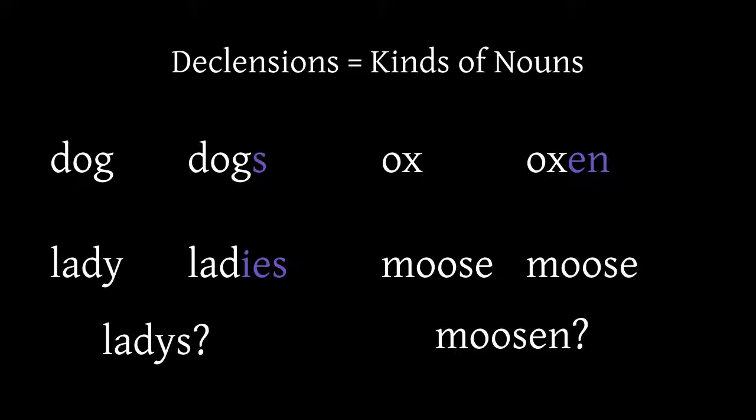In part because these are loan words. Moose is Algonquin. Ox, I think, is Old English. So these are two different kinds of words. They come from two different kinds of languages. We've borrowed them and we maintain their character. But the point is that we don't try and change the nature of a word when we take it from singular to plural.